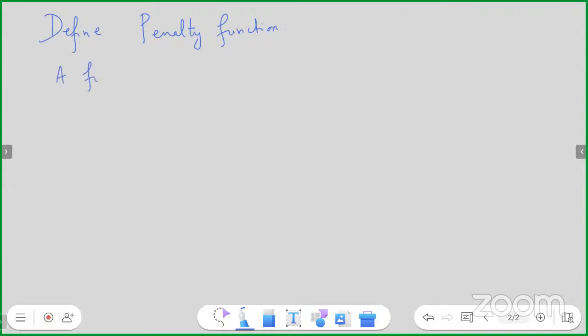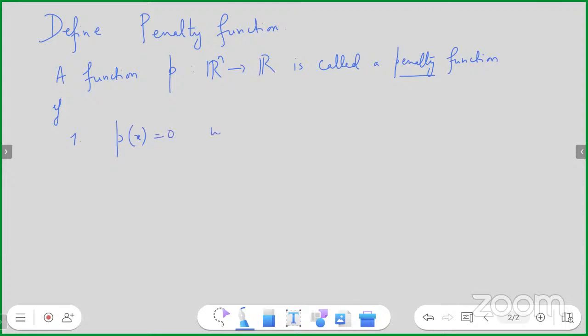A function P from R^n to R is called a penalty function if one, P of x is 0 when g of x is less than or equal to 0. And two, P of x is positive otherwise. Very simple definition.